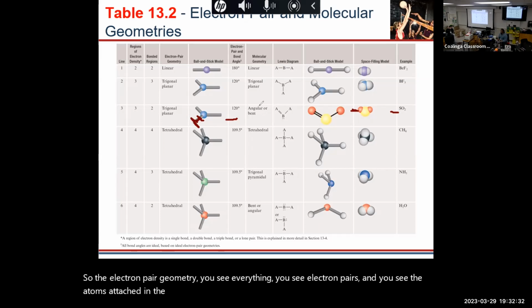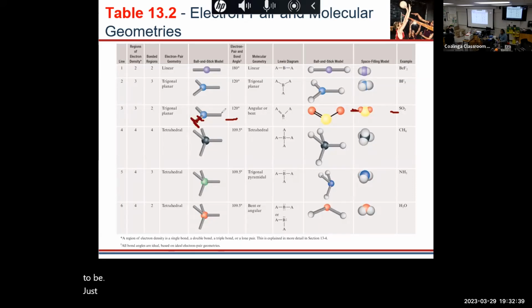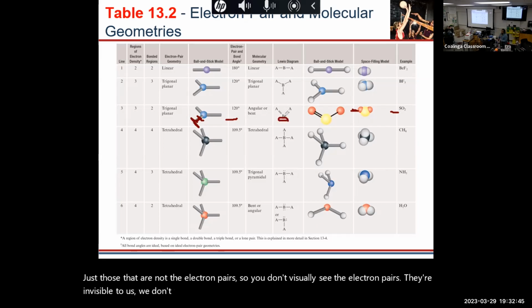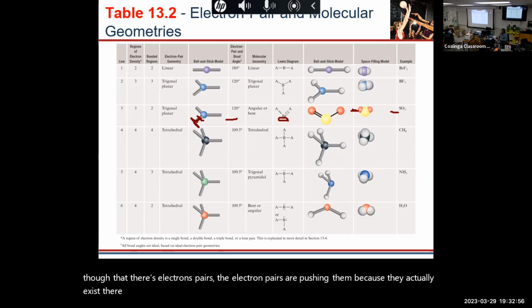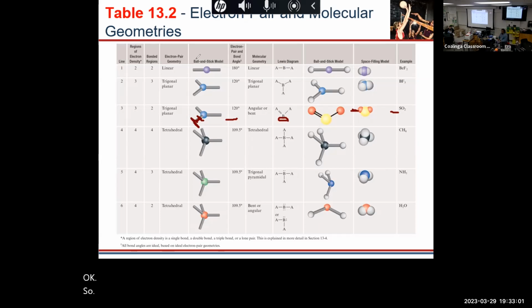In the case of the molecular geometry, what we visually see is just those that are not the electron pairs. So you don't visually see the electron pairs, and that's why the structure looks bent. Even though there are electron pairs, they are pushing the atoms because they actually exist there, so that's going to change that angle. Okay, so does that make sense? Do you guys get that?